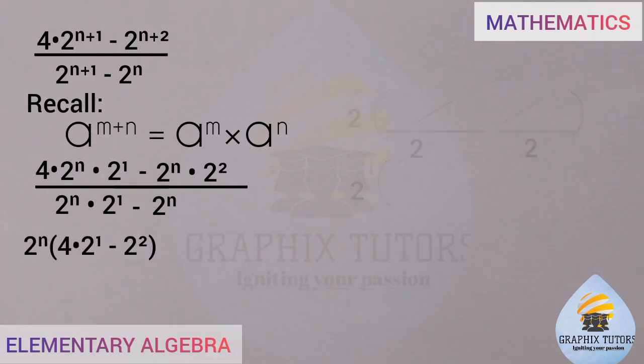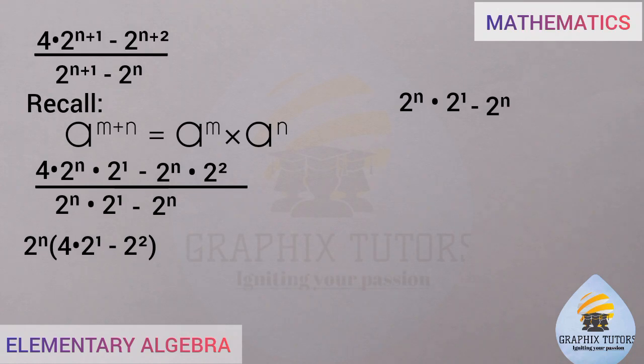Similarly, I'm going to do the same thing for the denominator. If I write this out, 2 to the power of n multiplied by 2 to the power of 1 minus 2 to the power of n. If I look at the left hand side and right hand side of the negative sign, we see that 2 to the power of n is common to both sides.